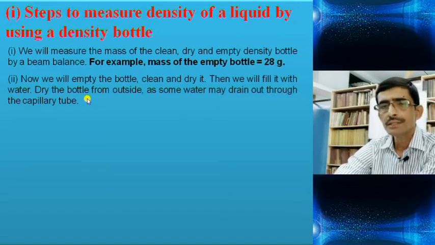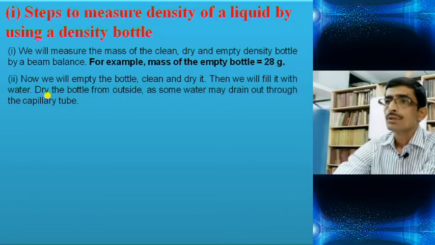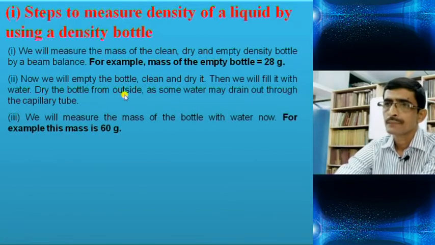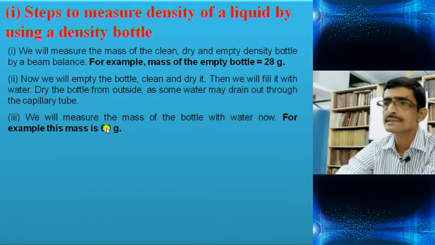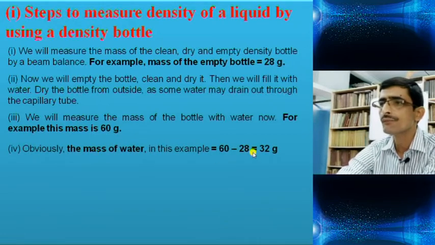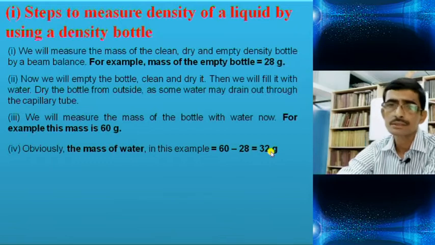Some water may drain out, as I have told you. We will dry the bottle from outside. Then we will measure the mass of the bottle with water. Suppose that mass is 60 gram. So the difference between 60 gram and 28 gram is the mass of water, that is 32 gram in our example.